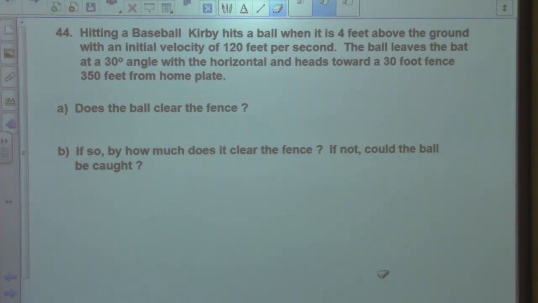Okay, what I'm going to do is call on somebody to help me get the equation down that we put in here. Fifth period.